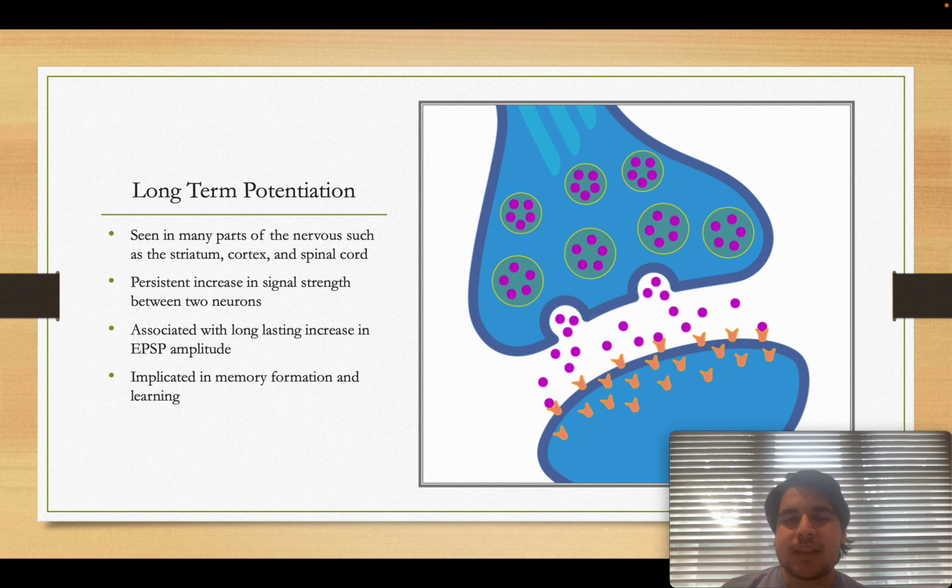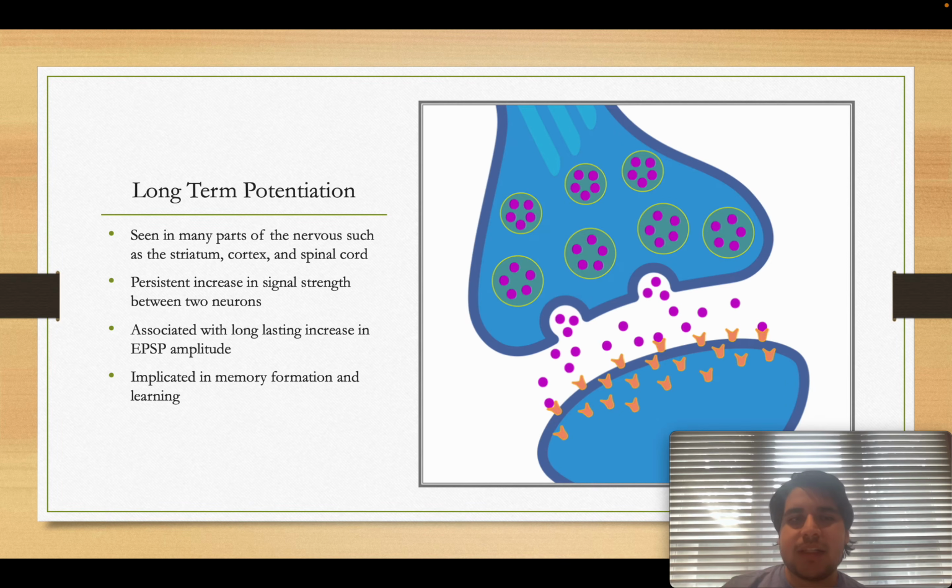So now let's talk about neuron plasticity. The key thing to remember here, as many of you already know, is long-term potentiation. Long-term potentiation is a very widely studied phenomenon in the brain, and it is seen in many parts of the nervous system, such as the cortex and even the spinal cord.